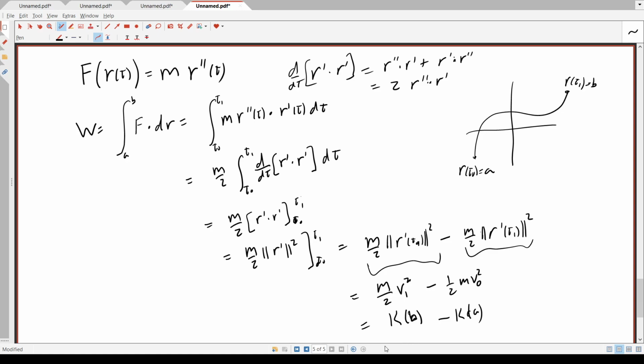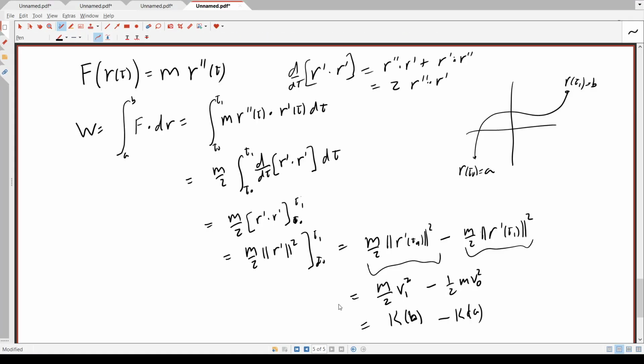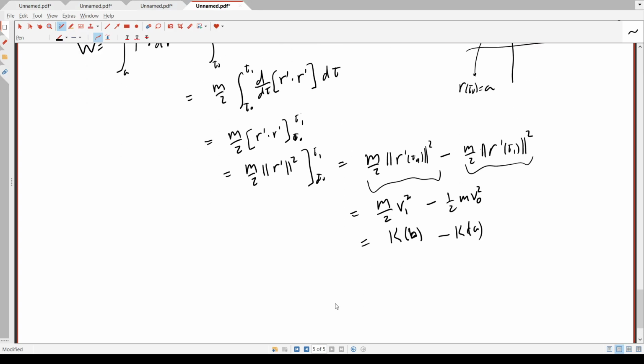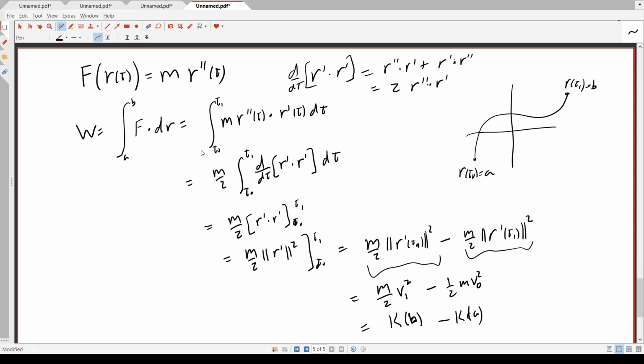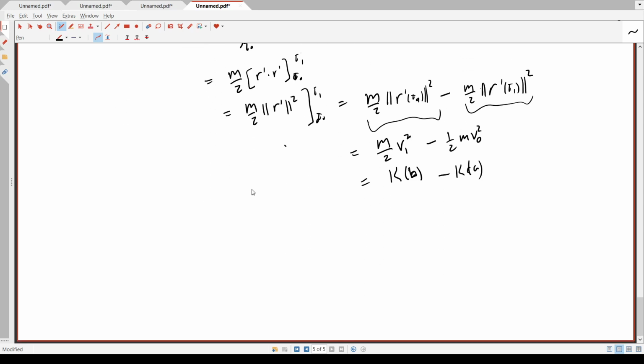Okay, so let's tie this back to line integrals. Now, let's assume that F is a conservative vector field. So what does that mean? It means that we can take F and write this as the negative of some potential function. Now I'm going to work out the same thing.